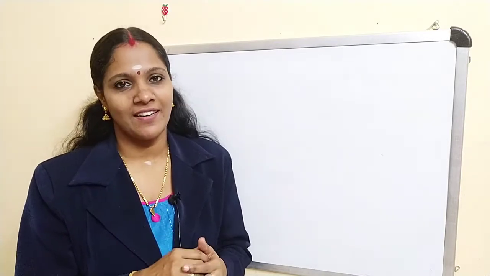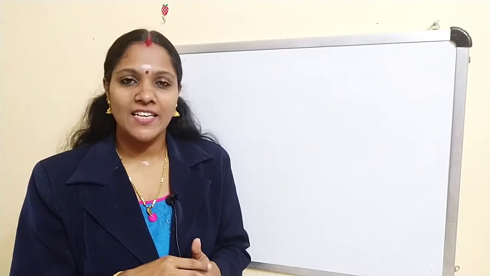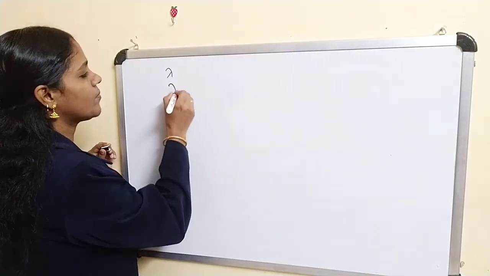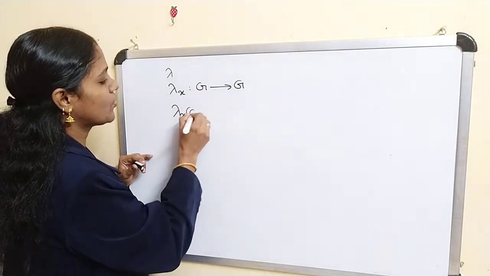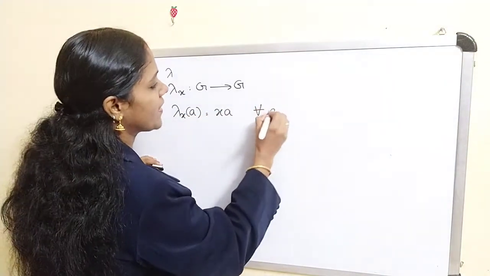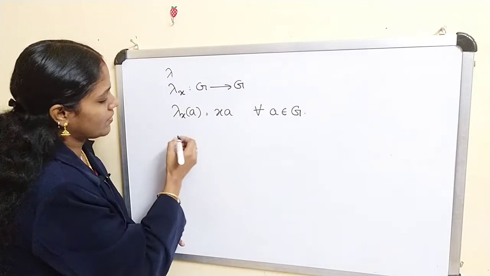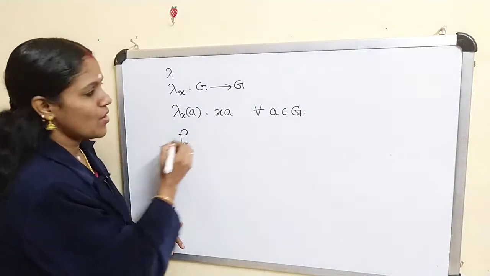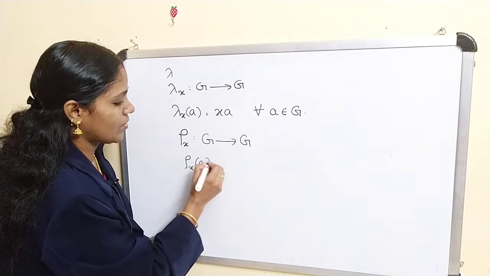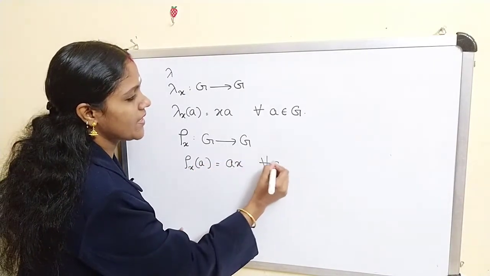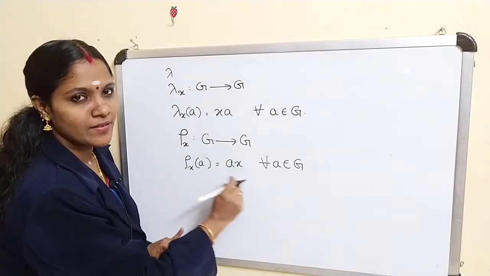So, in today's class, we are discussing definitions of left regular representation and right regular representation of G. In Cayley's theorem, we have defined a map lambda x from G to G such that lambda x of a equal to xa for every a belongs to G. Suppose we define a map, denoting that map as rho x from G to G such that rho x of a equal to ax for every a belongs to G, multiplying a by x.